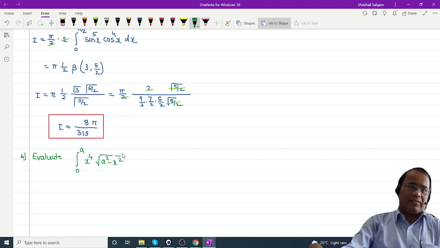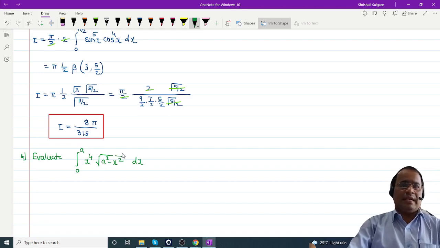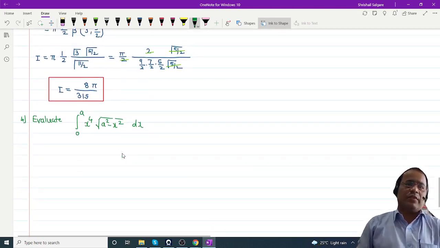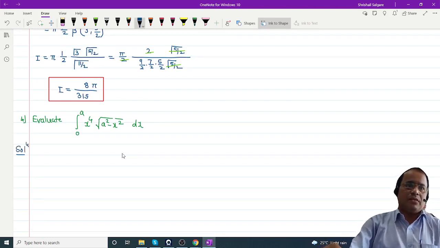The same integral you may think in the direction we did yesterday, but suppose we are solving it using the second definition in terms of sine and cos. So I will call this integral I.